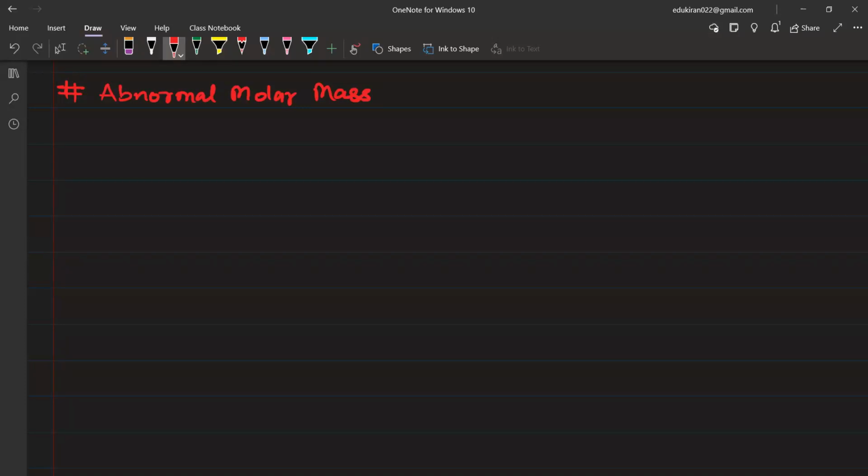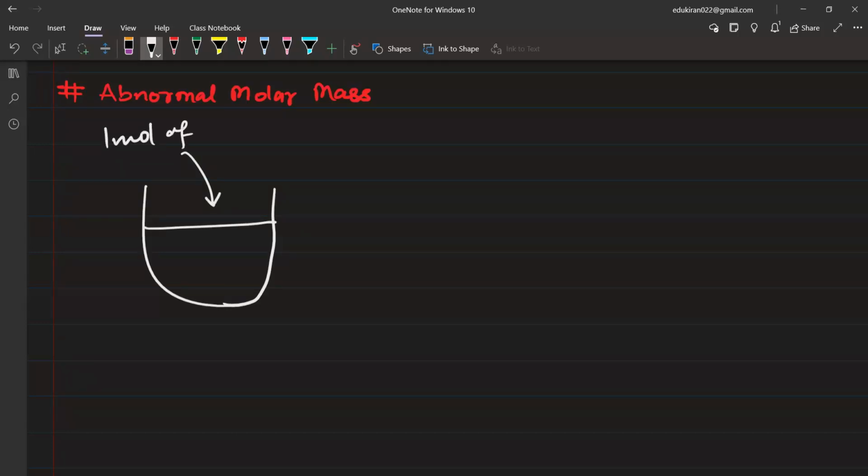Leave your pen aside, stop the voting and everything, and try to understand what is abnormal molar mass. Let us suppose we are having a solution, and in this solution, we are having a solvent only, and in this solvent we have added 1 mole of NaCl.